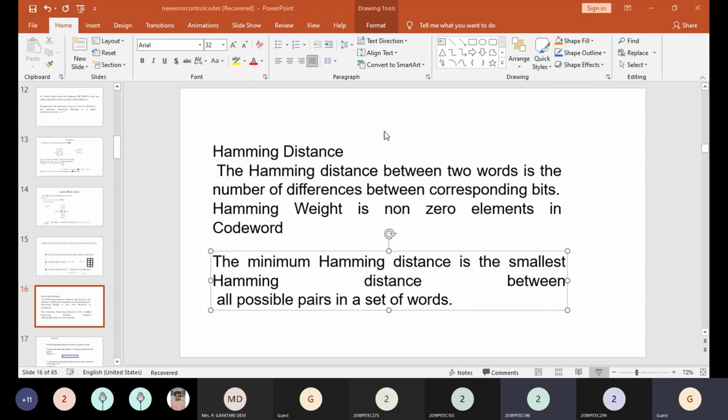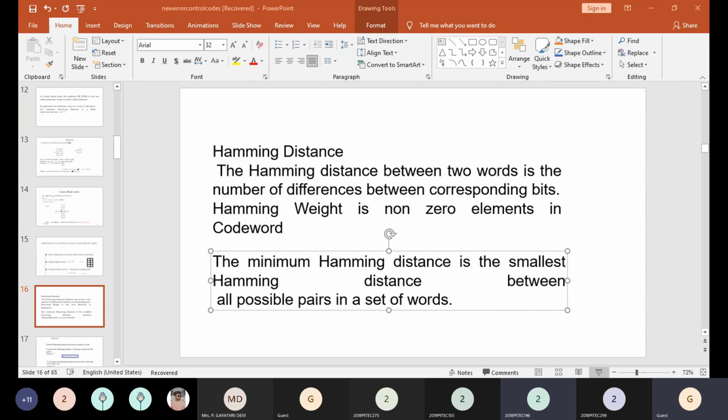The second bit is 0 and the next is 1, so there is one change. Up to now the Hamming distance is 1. Now the third bit is 0 and the third bit in the next code word is 1, so the Hamming distance increases to 2. So the Hamming distance is the number of positions in which the corresponding bits of two code words differ.